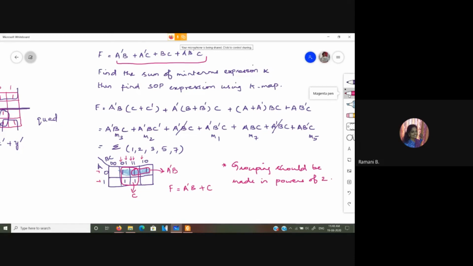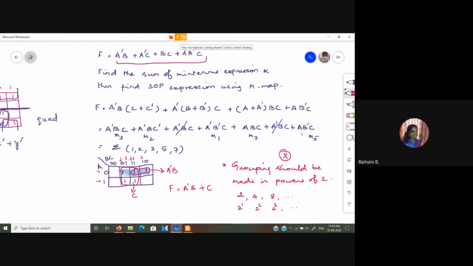If you are going to form a group, you need to have 2 ones or 4 ones or 8 ones, like that. Okay, 2 power 1, 2 power 2, 2 power 3. Likewise, it goes depending on the number of variables. Never do any other sort of grouping. Here seeing all these 5 are adjacent, don't think it that way. Okay, you need to go for grouping only in powers of 2. This is the most important thing.